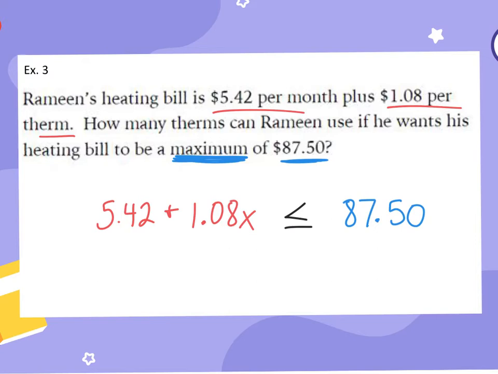What do we get? 76. So you subtracted that 5.42 over, divide by 1.08. X is less than or equal to 76. 76 what? Therms. Again, it doesn't really matter what they are, but we know we need less than or equal to 76 of them. Cool.